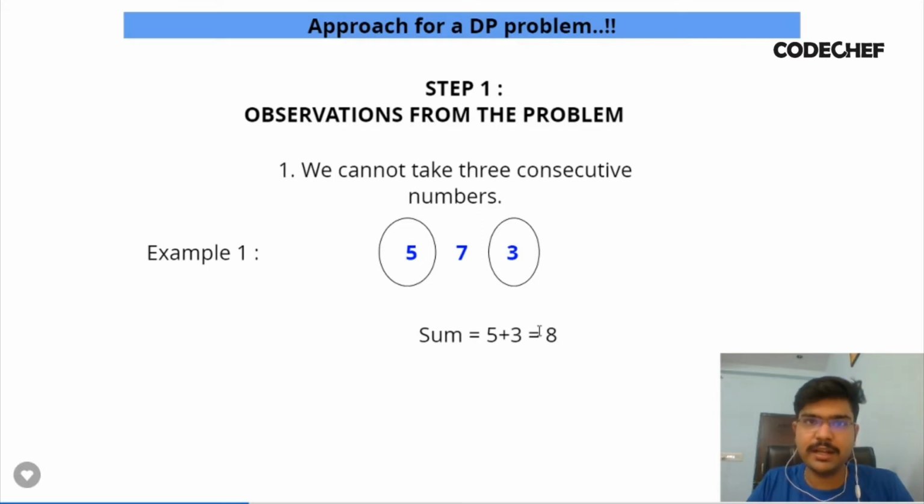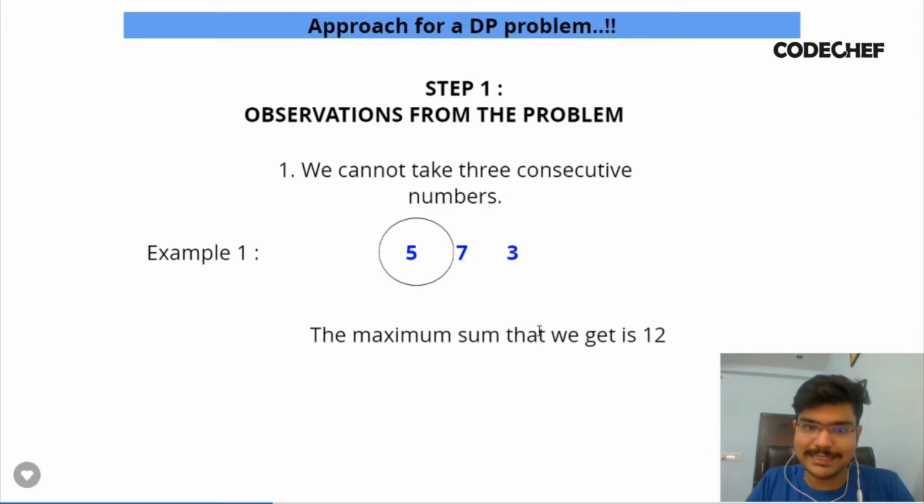Hence we are over with all the possible conditions. We have only three possible conditions: taking the first two values, the last two values, and the first and the third value in this example, right? The maximum out of this is 12, from the first and the second value. So this will be the answer for this particular case.